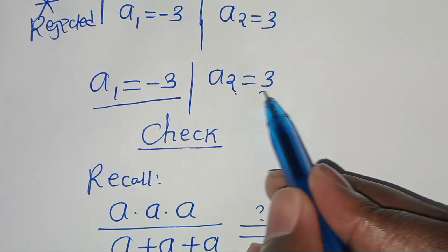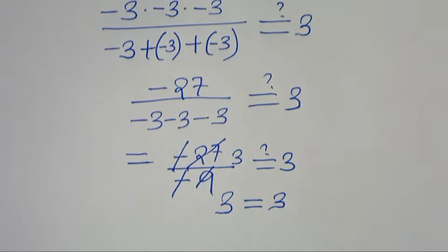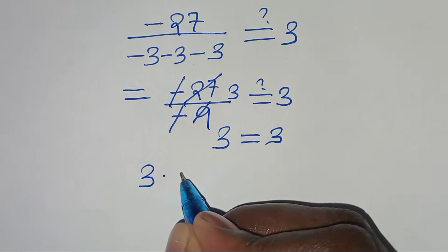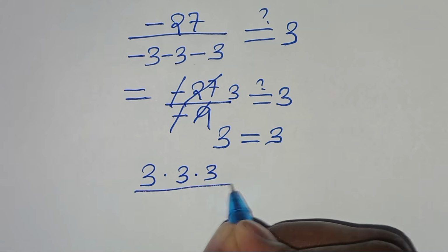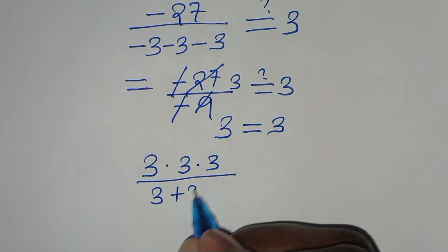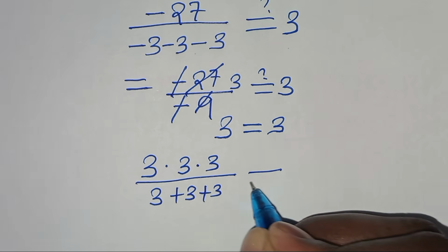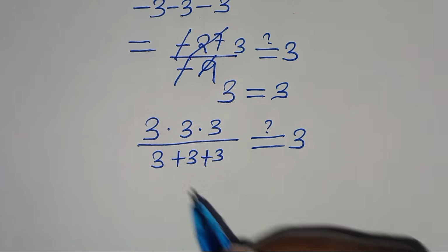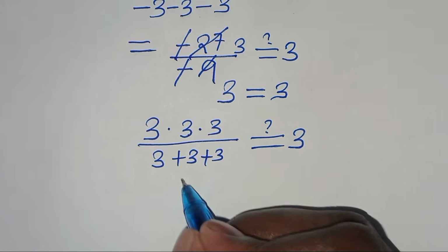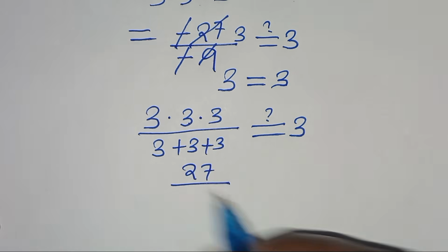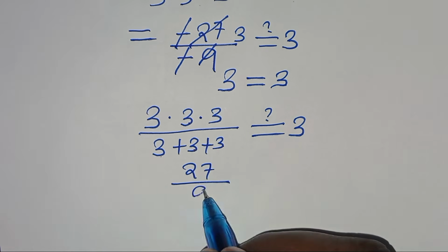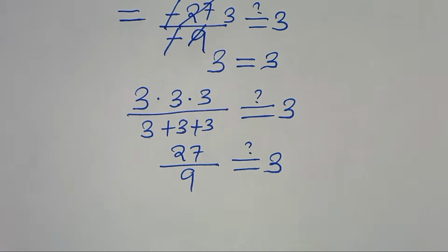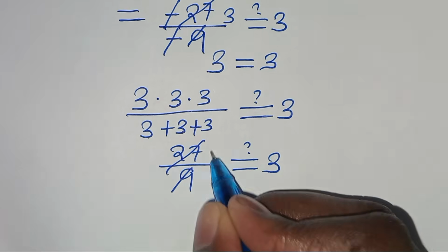Let's check a2, which is equal to 3 in this case. So we have 3 times 3 times 3 divided by 3 plus 3 plus 3. This should give us a value of 3. 3 times 3 is 9, times 3 is 27, divided by 3 plus 3 is 6, plus 3 is 9. 27 divided by 9 is equal to 3.